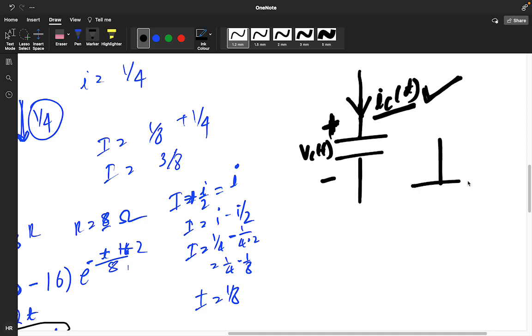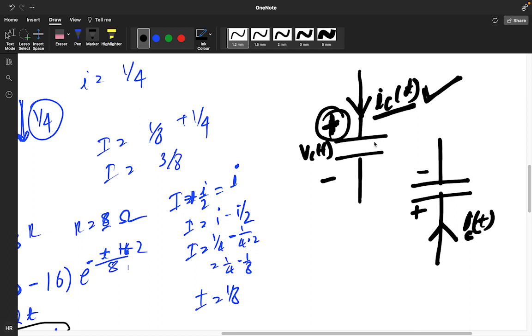If someone has written this is my negative, this is my positive, then you have to assume the capacitor current in this direction, IC of t. Wherever the positive is, because there is a direct relation, IC of t is equals to C dVc by dt. So always follow this rule.